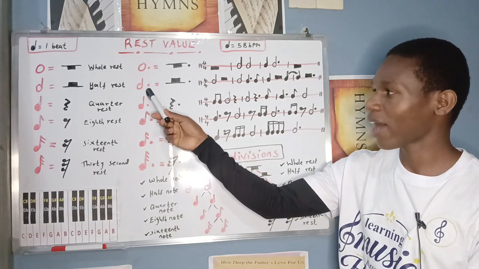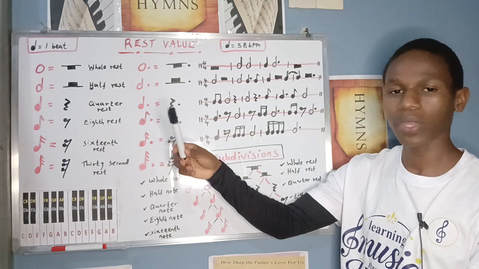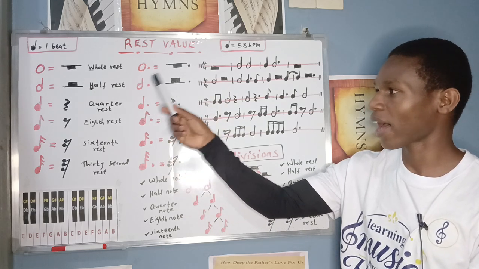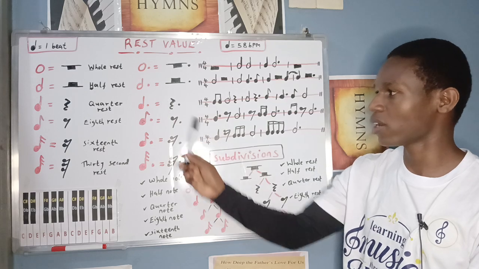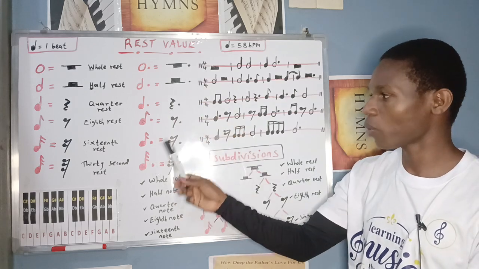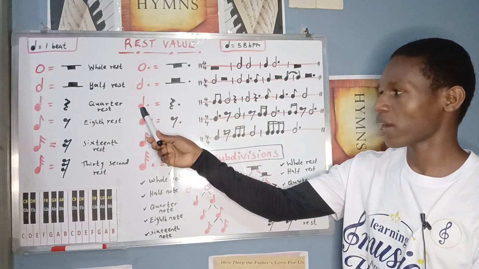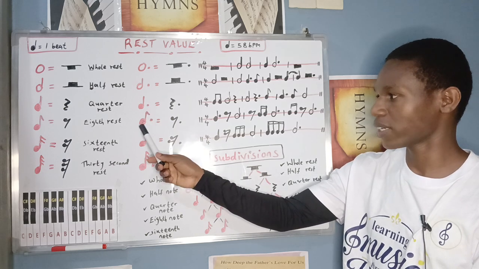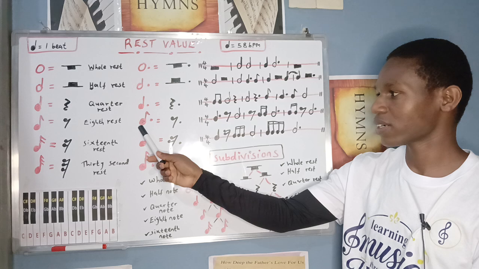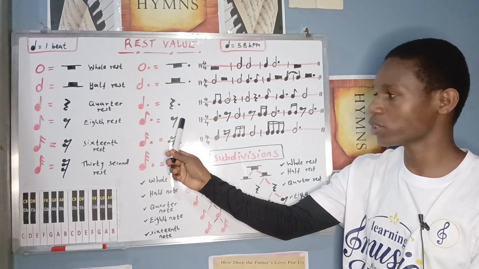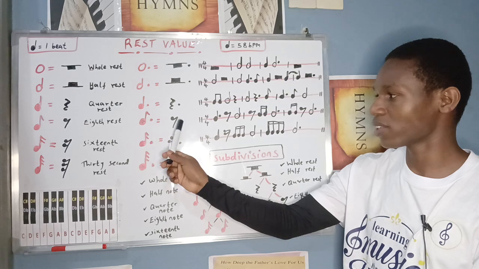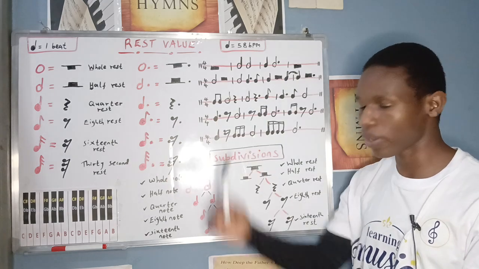A dotted half note has 3 beats, the same thing with a dotted half rest. And you can go on downwards: dotted quarter, the same thing with a dotted quarter rest; dotted eighth note, the same thing with a dotted eighth rest. And you get the point.